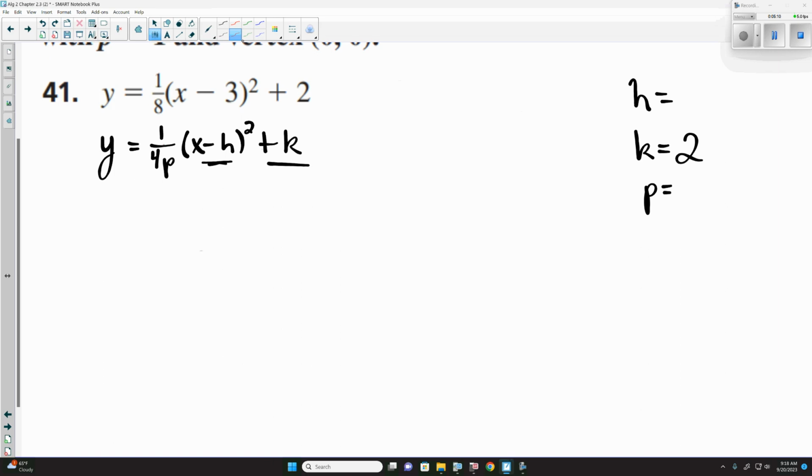Now we need to look at h. H is 3. Would it be positive or negative? It would be positive because it's in the parentheses. But if we're also matching it up, inside the parentheses, we still have the x in both, yes? The x's are still the same. Here, it's already minus, yes?